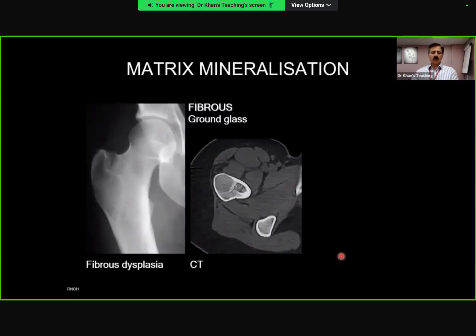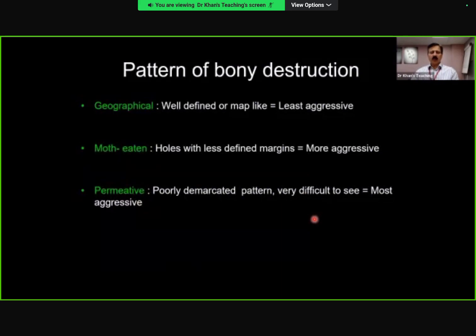And you already know, we have covered it, that fibrous dysplasia can have ground glass matrix. But please remember that fibrous dysplasia, according to the stage of the disease, might be lytic, like this, or might be sclerotic. So the next heading is pattern of bone destruction.